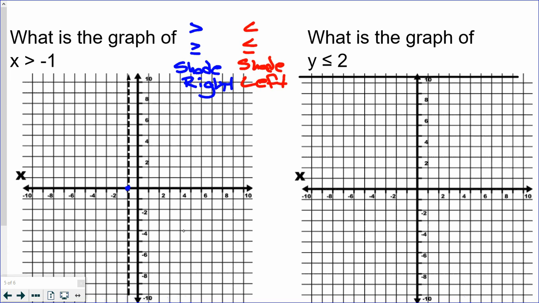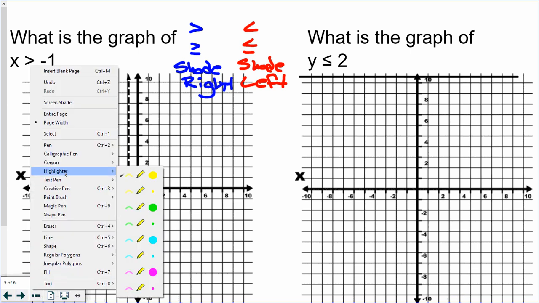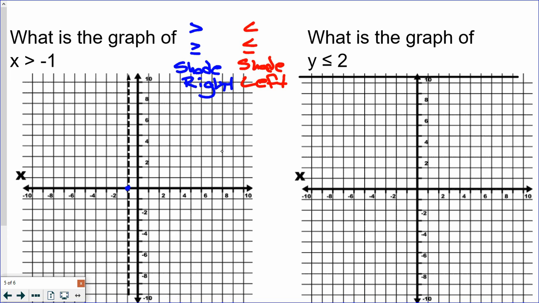So in this one, it's greater than, so we're going to shade to the right. So that's over here. Change it up and use my highlighter this time. I like the crayon better, I think. All right, so with a vertical line, if it's greater than, then you shade to the right. Less than, you shade to the left.